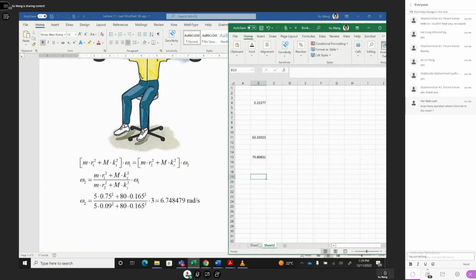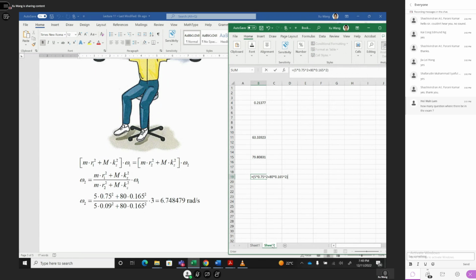Equal to brackets 5 multiply 0.75 square, okay? 2.5 and multiply 80.